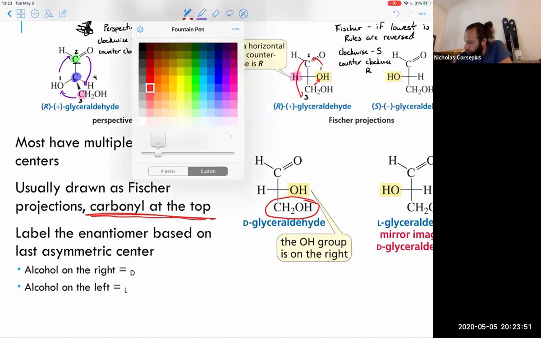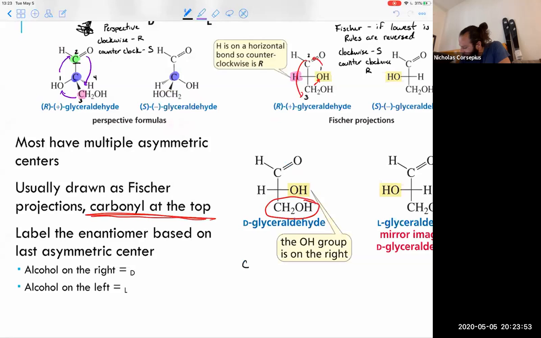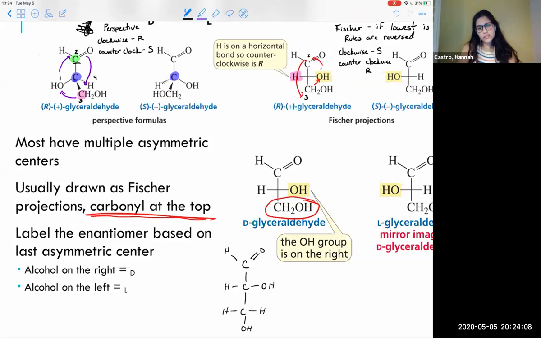Why don't I have to draw it as C double bond O H? Both of the hydrogens are connected to it, so it doesn't have 4 different groups. It's not an asymmetric center. So that last carbon is always going to be an achiral center. Just something to keep in mind.